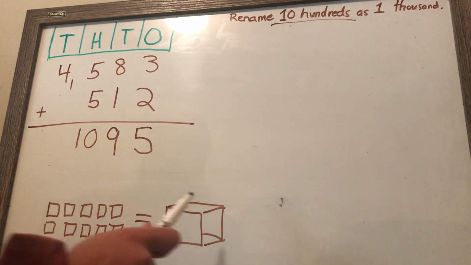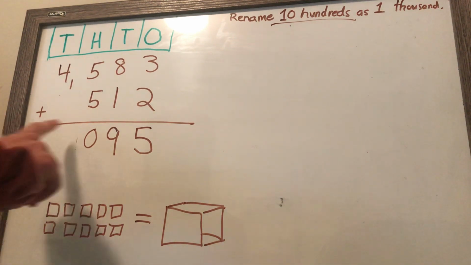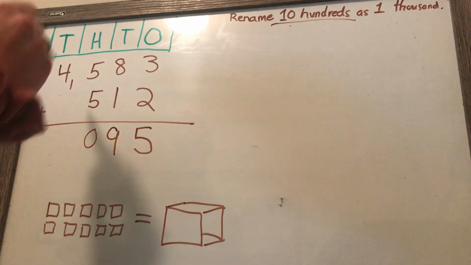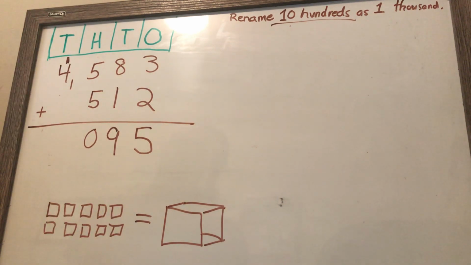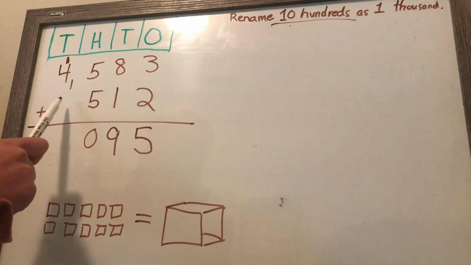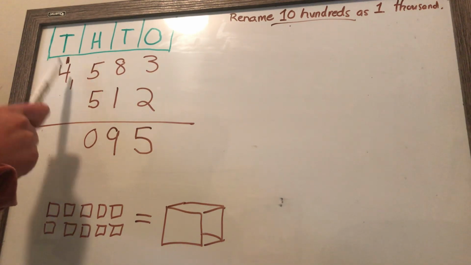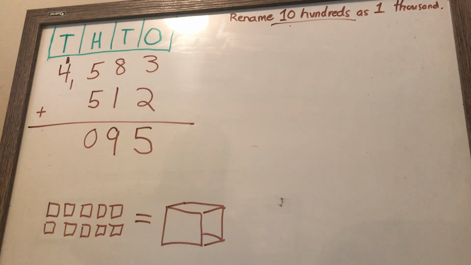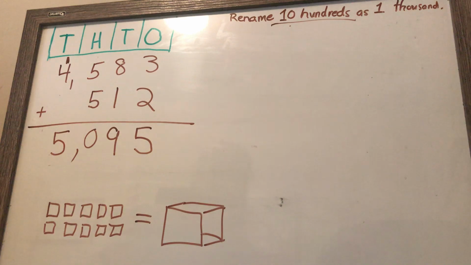So we do not have any leftover hundreds, so we're going to leave that as 0 and put the extra 1,000 up on top, and then we're going to add none. 0 thousands plus 4,000 is 4,000 plus another 1,000 is 5,000. So our answer is 5,095.